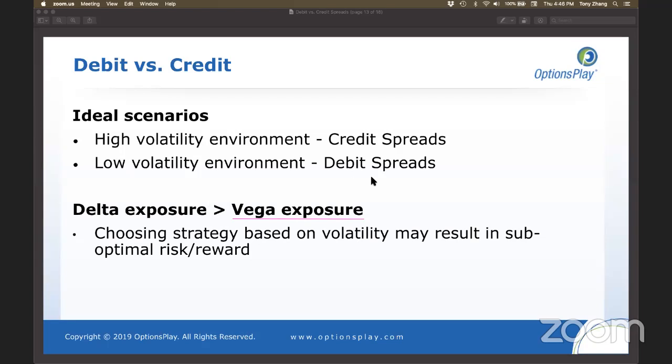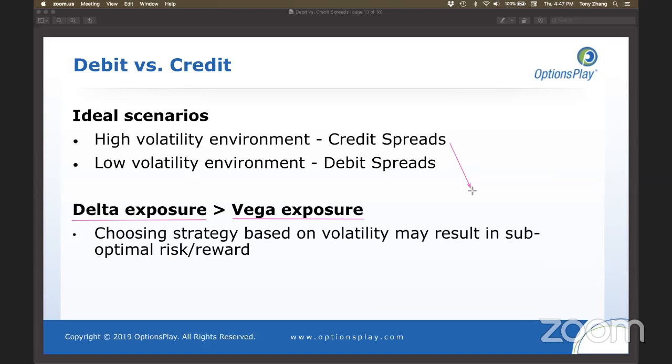But in reality, regardless of whether you trade a debit or a credit spread, your delta exposure is far, far larger than your volatility exposure. Which means that even if you sell a credit spread when volatility is really high and volatility does come down, the amount of money that you make on that one component of the trade does not come close to the amount of money that you can make if the stock moves in the direction that you expect it to. Or if the stock moves in the opposite direction that you expect it to, it's going to far outweigh the money that you make on the volatility piece.